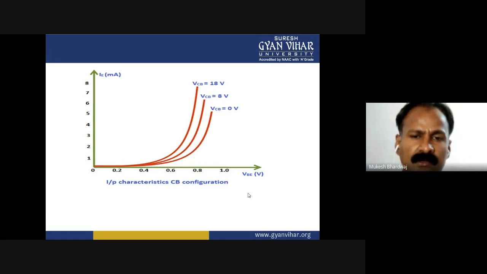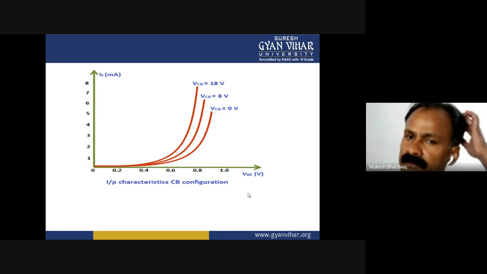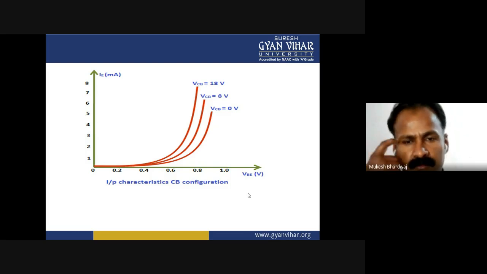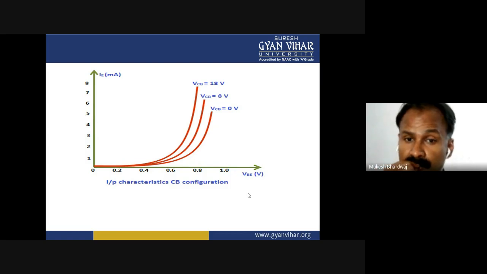While drawing the curves, we observe that as we increase the reverse biasing voltage, the emitter current starts to flow earlier as compared to the unbiased case, that is, collector base equal to 0 volt. So this is the input characteristic of common base configuration.